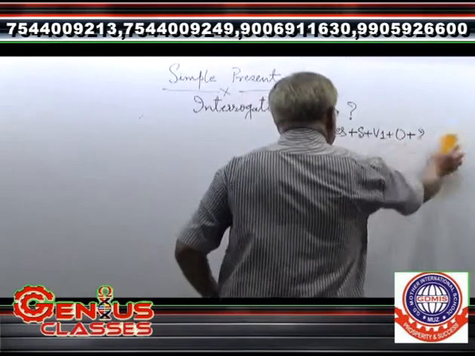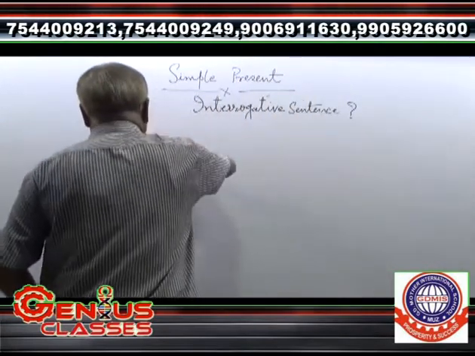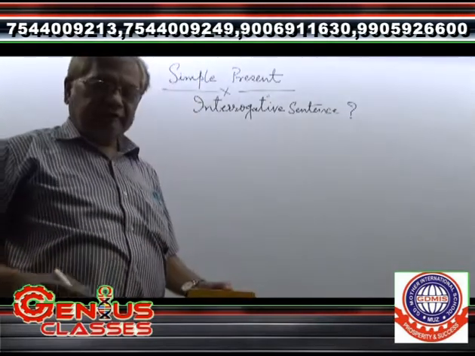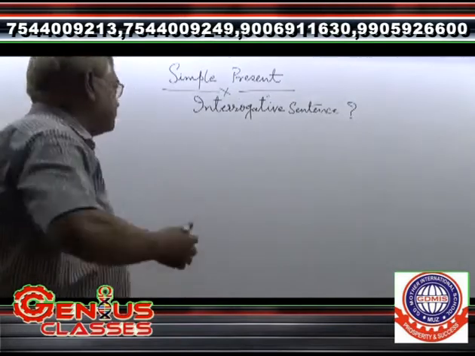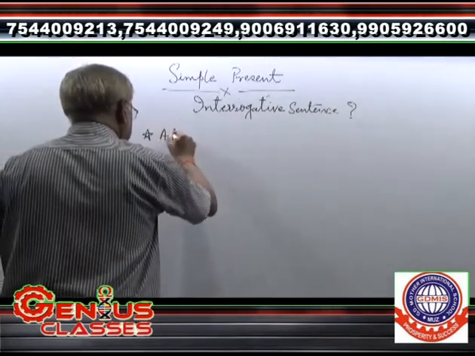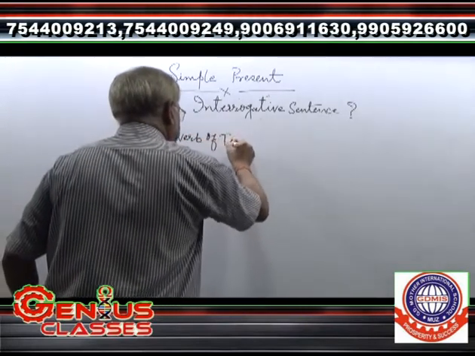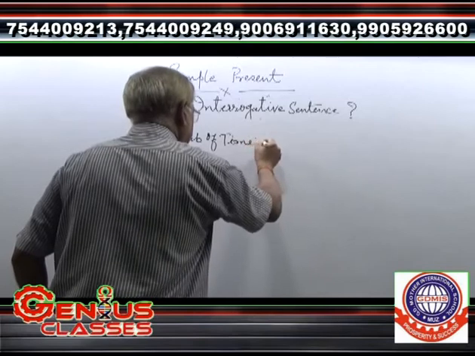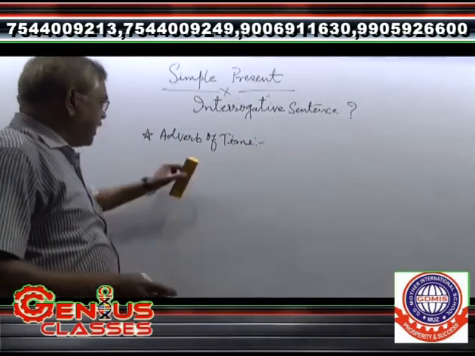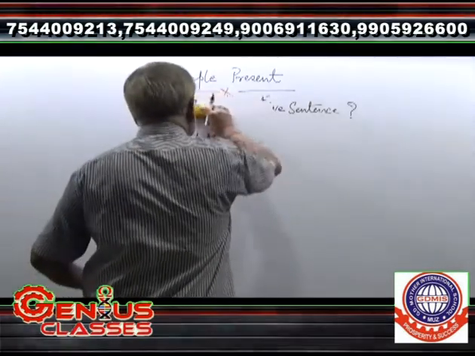In case of the simple present tense, if those words also have to apply as the adverb of time, the same can be written. That is the special word, adverb of time. So which are those words that can be used as adverb of time for simple present tense?